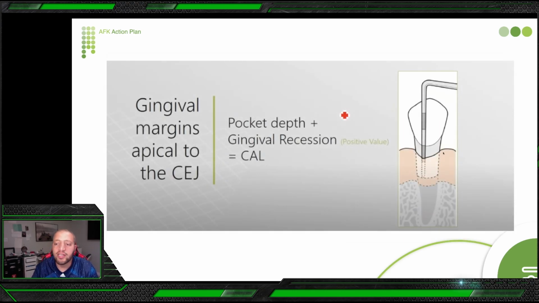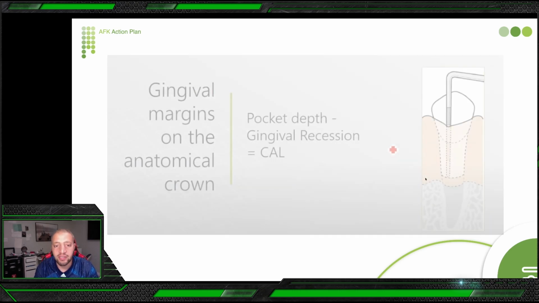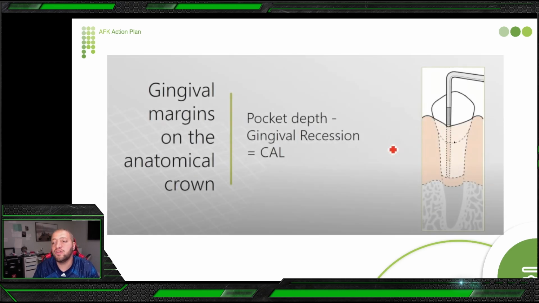The first scenario, as we said, is when the gingival margin is apical to the cemento-enamel junction with a positive value of recession, so clinical attachment loss will be both the recession, this part, and the pocket depth at this part. And the third scenario, the other way, is when the gingiva goes up due to phenytoin, some ortho treatment, or other medication or condition, so the clinical attachment loss will be the pocket depth minus the gingival recession.